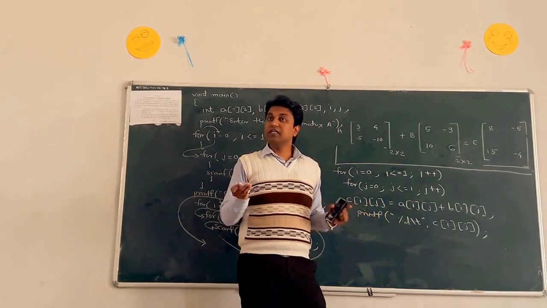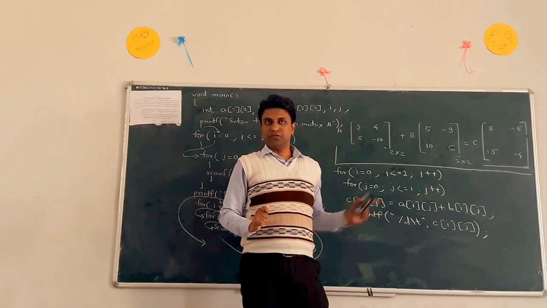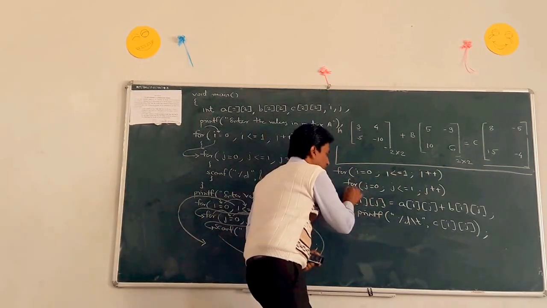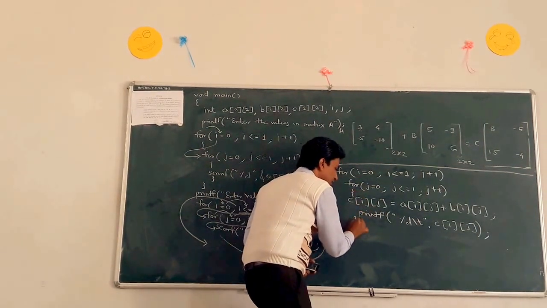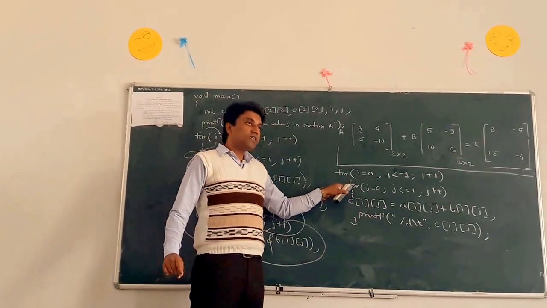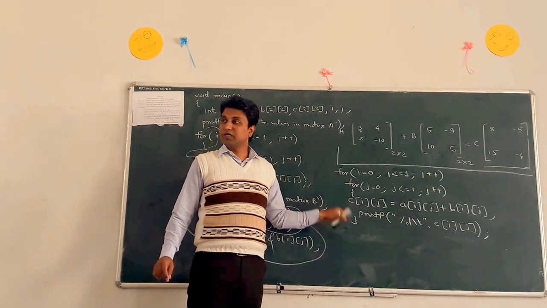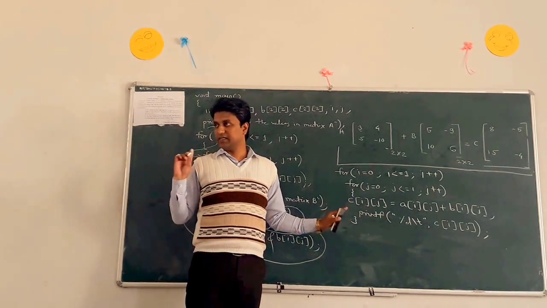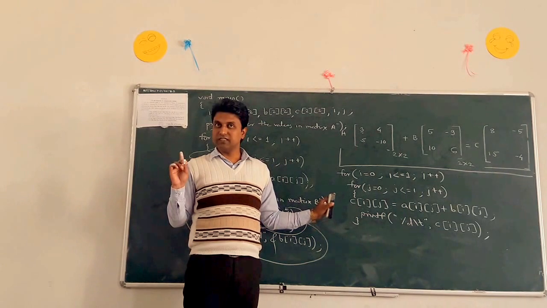But we want it inside the inner for loop. Clear? So for that purpose, write the curly brackets, because these two statements are in the inner for loop. Understand the meaning of that?